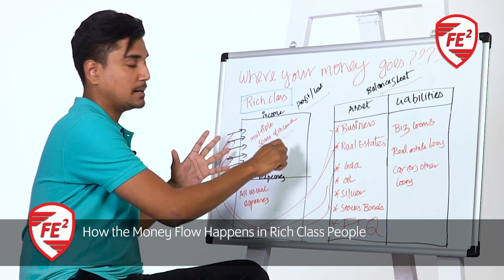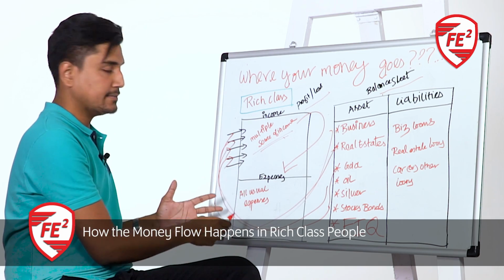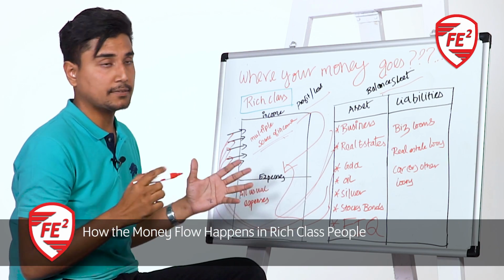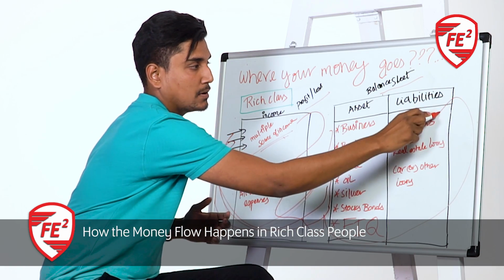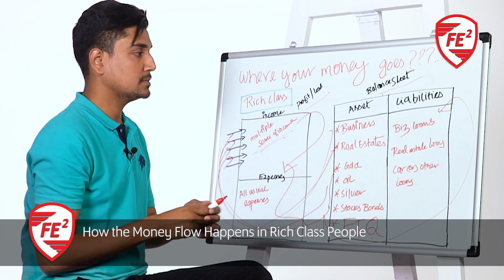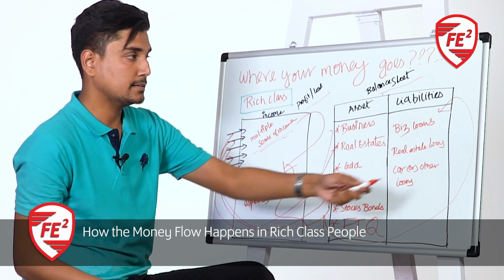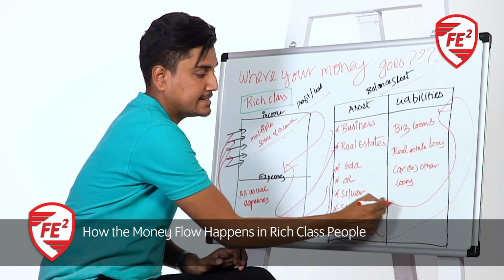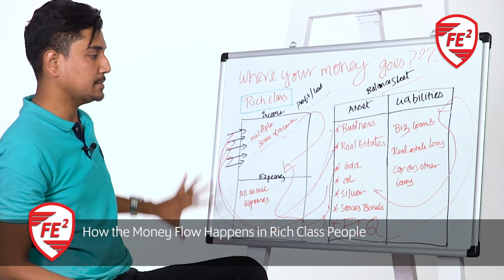So they have multiple sources of income. Then once the income comes in, where does it go? It goes to the expense column. Then they have all the usual expenses. From the expenses, they have huge savings left over. So it goes to the liabilities column to pay off the loans. They will have business loans, real estate loans, car or other kinds of loans. So after paying off all the loans, they still have much money left over because they have huge assets and multiple sources of income.